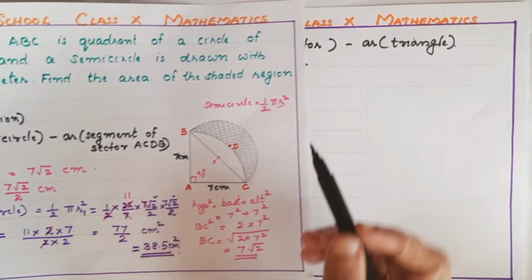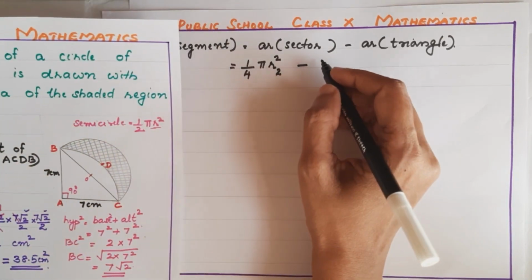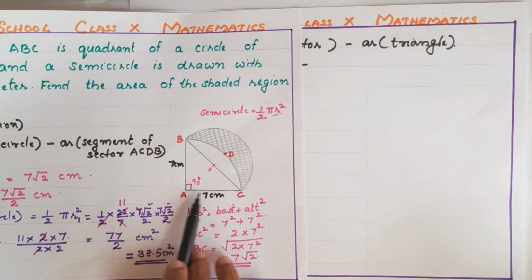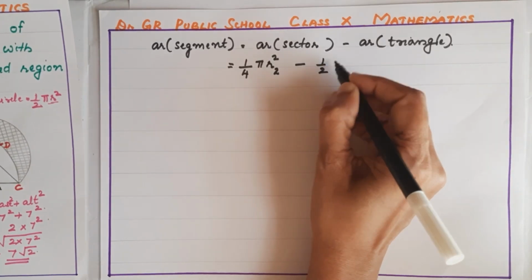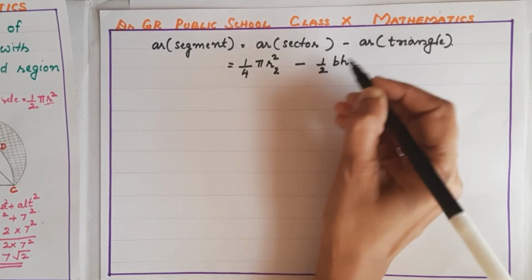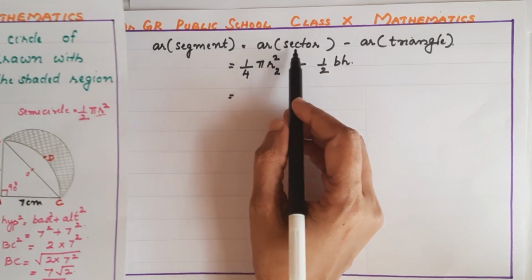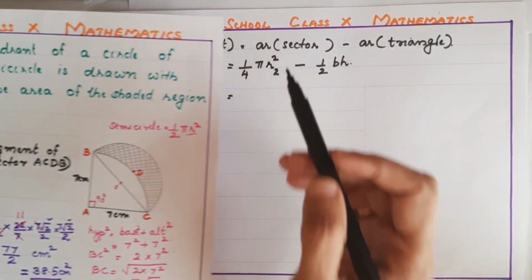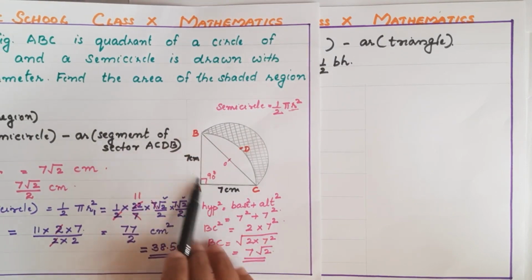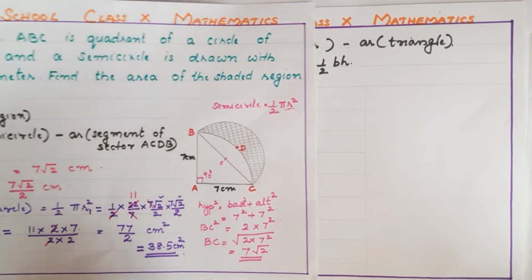Half BH. So we have discussed in the previous video. Whenever we have a right triangle, we have to apply half BH. Why we have taken this area of sector as 1 by 4 pi R2 square? Because it is a quadrant. Okay. It is a quadrant.